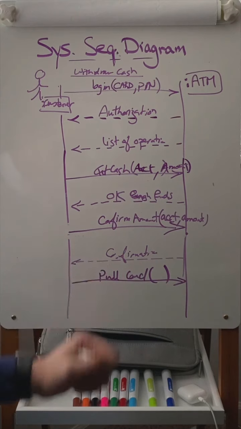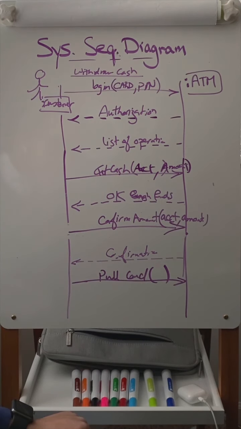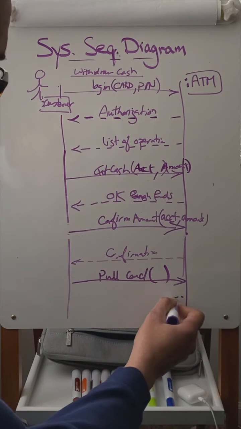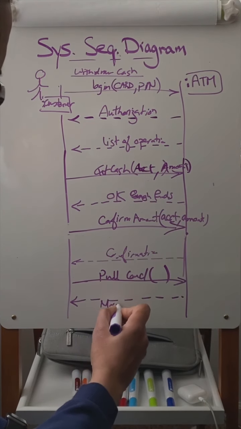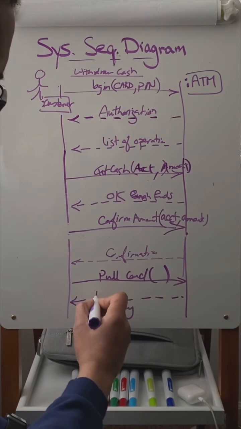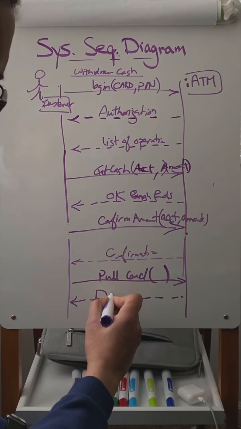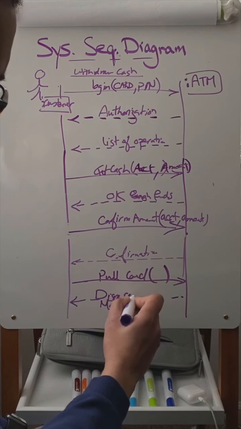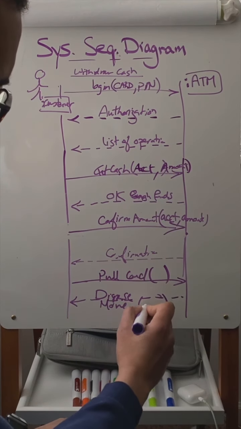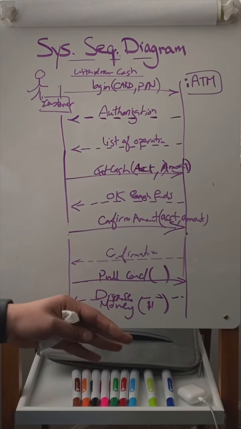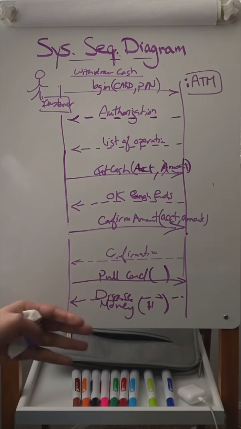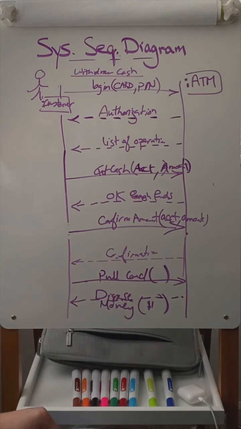You have some sort of an interface in the system or the machine that is actually doing this, and then you get money. Dispense the money, and you have the amount, and so on. You would go further to find out, do you need a receipt or not?